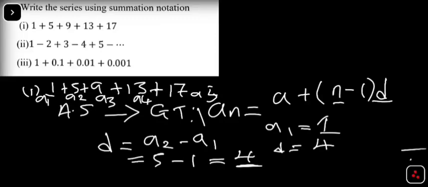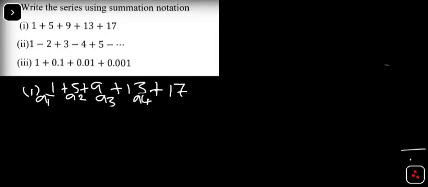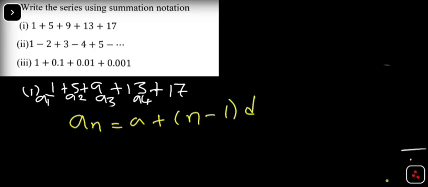Now we can find the general term using this formula: a_n equals a plus (n minus 1) d. Our a1 is equal to 1, and our d is equal to 4. The next thing is to plug in the values.